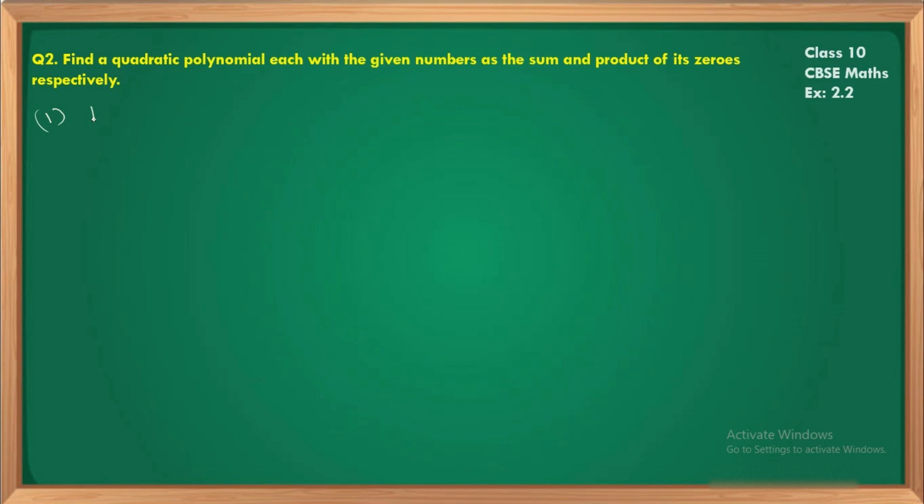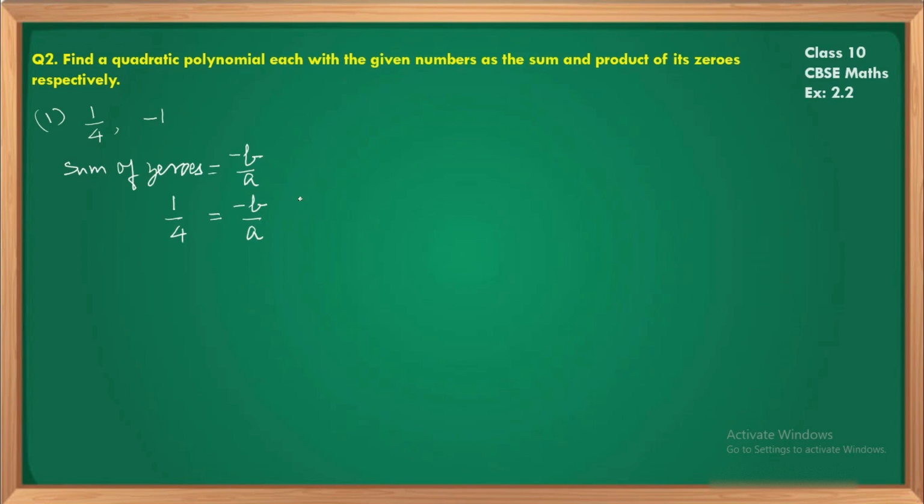The first question is 1 by 4 and the other one is minus 1. 1 by 4 is the sum of zeros, and minus 1 is the product of zeros. And we know very well the sum of zeros is equal to minus b by a. We write down sum of zeros, which is 1 by 4, equal to minus b by a.